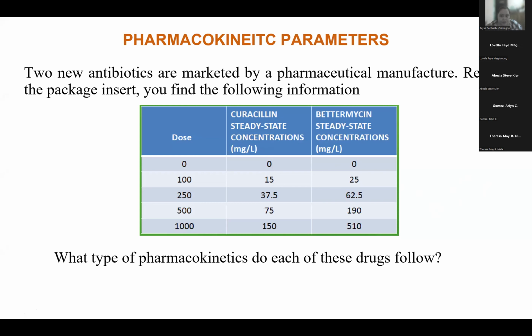Kasi you get to see here, most likely it will follow a first order kinetics. Okay, so you will have not really a constant steady state concentration as you increase the dose.